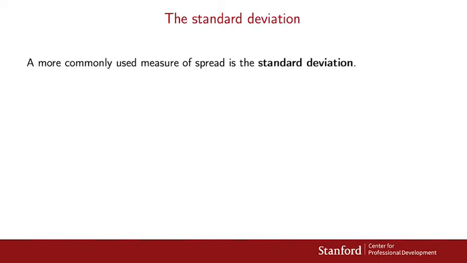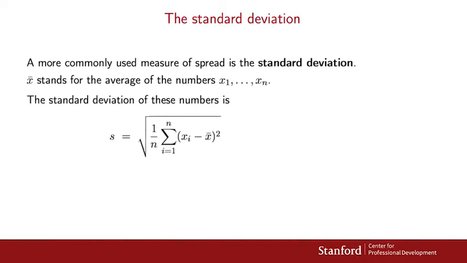When it comes to measuring spread in the data, it's more common to use a different measure, namely the standard deviation. You've probably seen the notation x bar, which stands for the average of a list of numbers. Let's call them x1 to xn. Here's the formula for the standard deviation of these numbers.